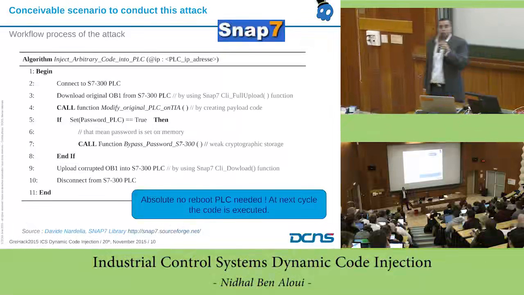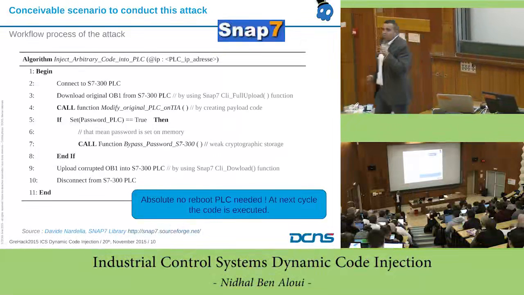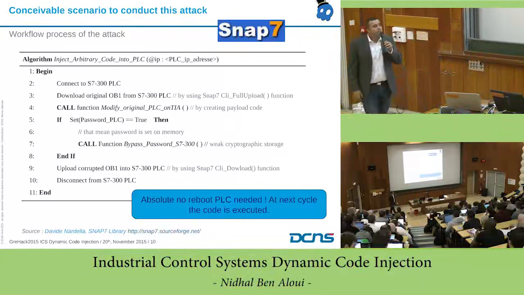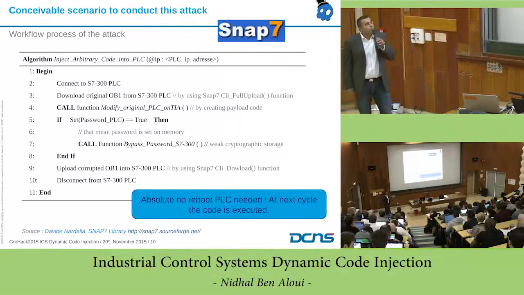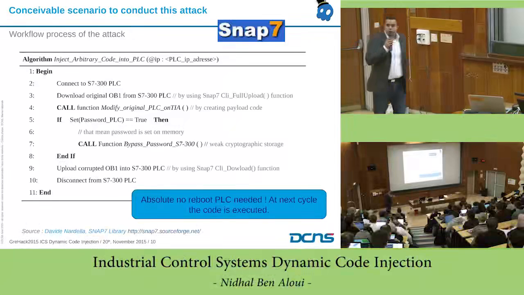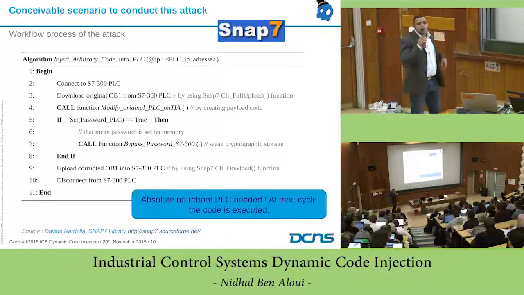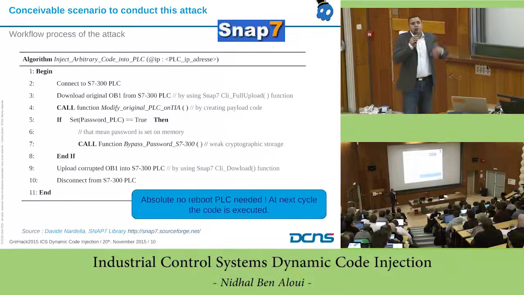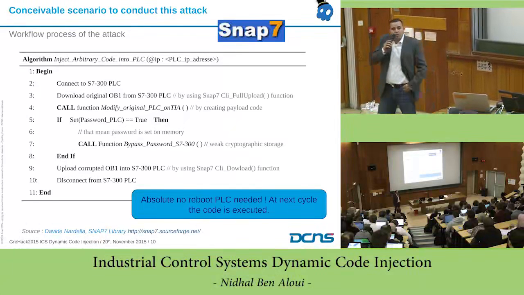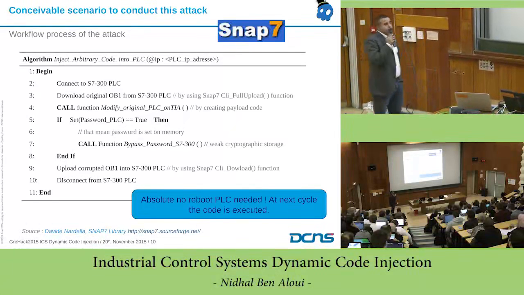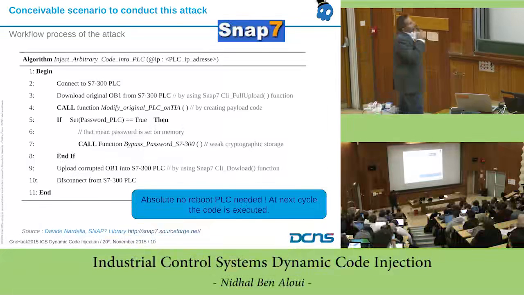We modify the payload. For example, we change the sense of a value, or we add a network in the source code to indicate false information on the HMI supervision, like was done in Stuxnet.